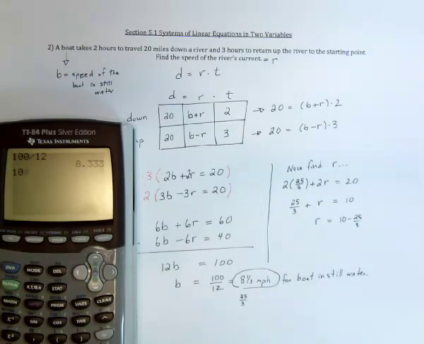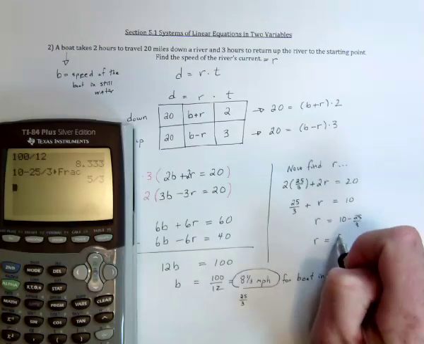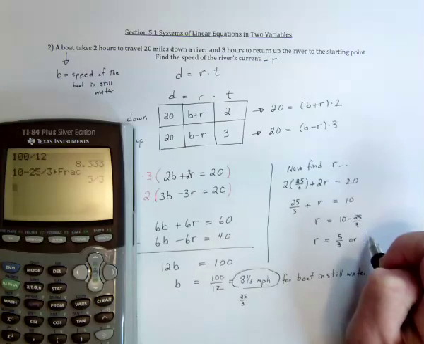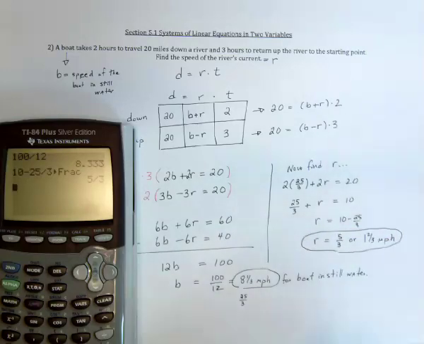So 10 minus 25 thirds, and if I want my answer to be a fraction, then just go to math, and the first one is change the answer to a fraction, 5 thirds. R equals 5 thirds, or that would be 1 2/3 miles per hour. So there is the speed of the river, 1 2/3 miles per hour.